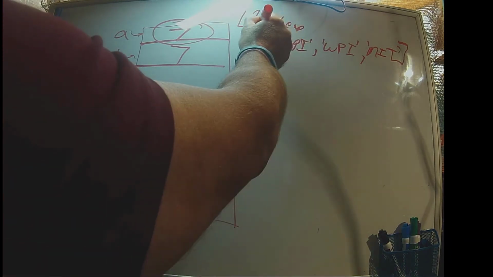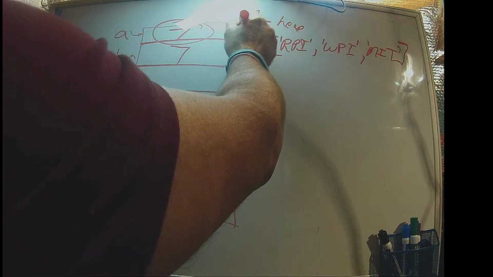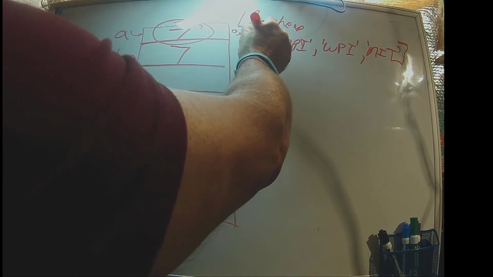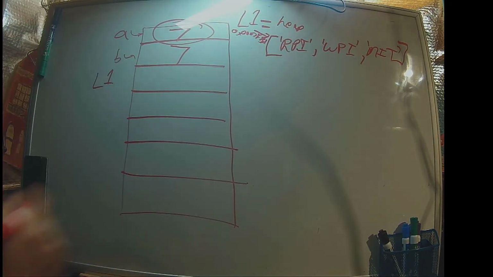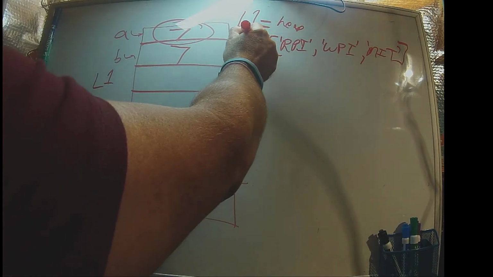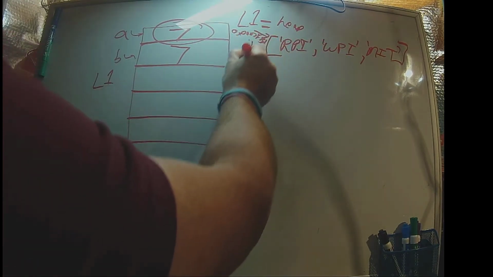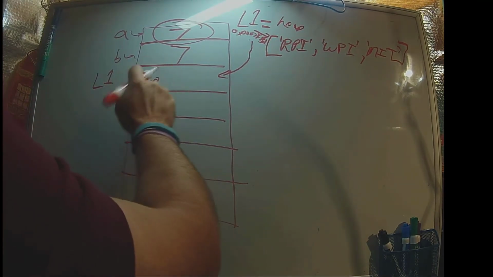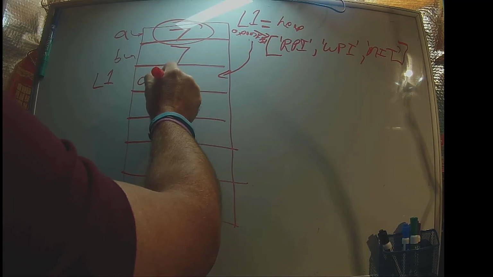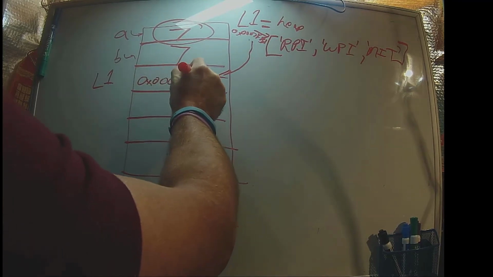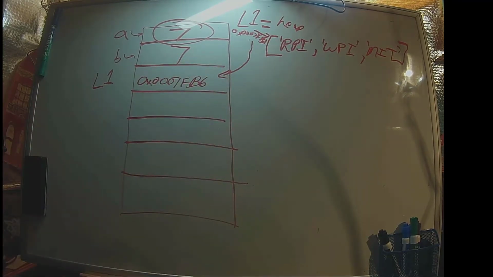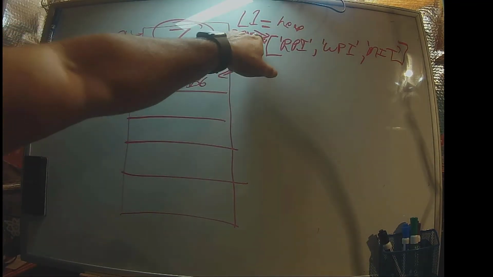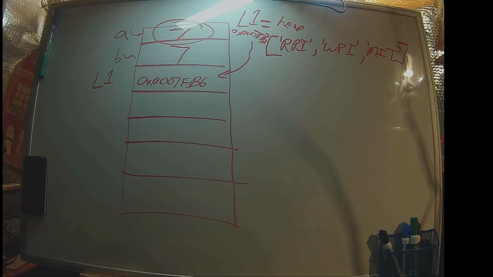And this list has a starting location at some memory location, 0x007FB6 maybe, something like that, right? This value doesn't matter, but what happens is that we create this out in memory, and then we take this value, and by the way, 0x means hexadecimal. Instead of putting the list into memory, what we do is we put the location of the list in memory.